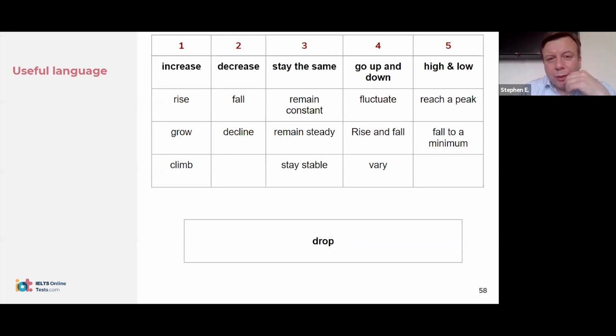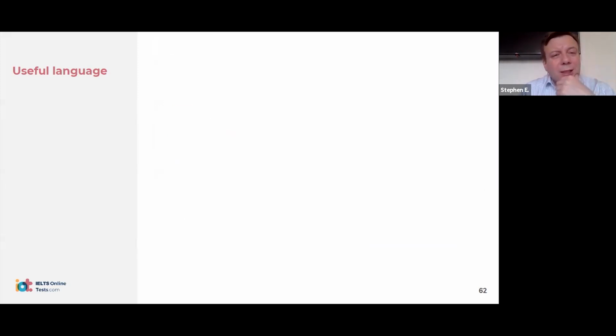And then we've got drop. Okay, good. And then reach a maximum. Yeah, good. And finally, that's it. Okay, good. So you can see there the good variation in vocabulary you can use to describe the same thing. So that's what you want to be showing the examiner. You want to show them how good your control of Lexis is, and also paying particular attention to your word forms to make sure they're correct when you're describing the changes.